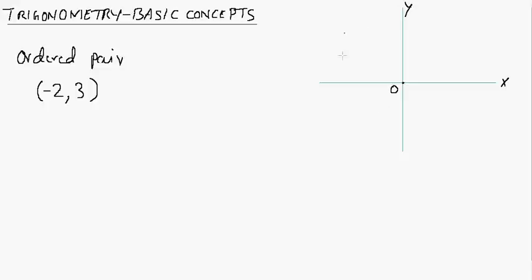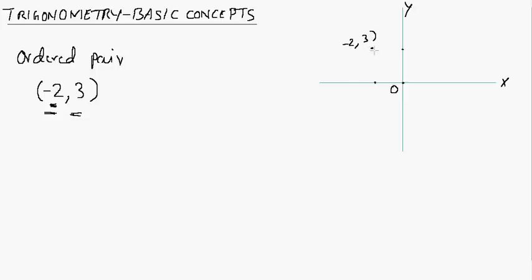Now each point in this plane is represented by a pair of two numbers enclosed in parentheses. For example, -2, 3 within parentheses means 2 units to the left of the origin, and 3 units, because it is positive, above the origin, which means it should be somewhere here.